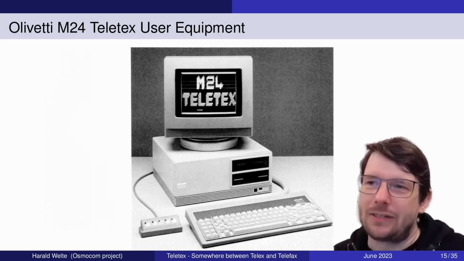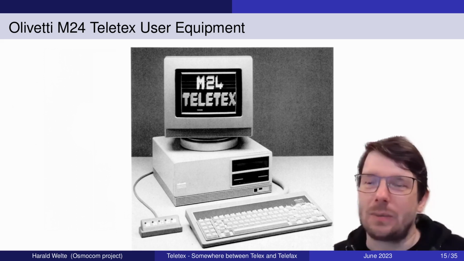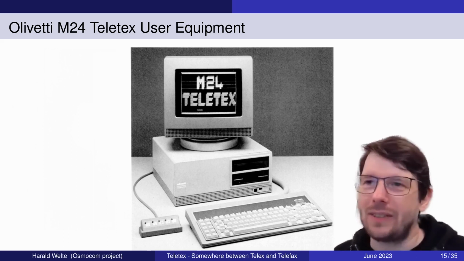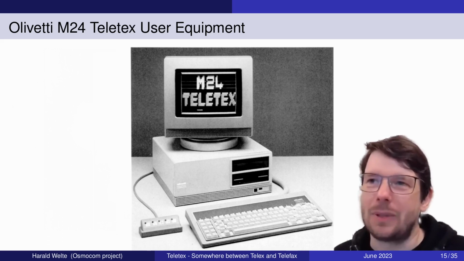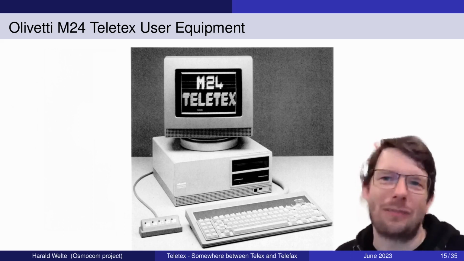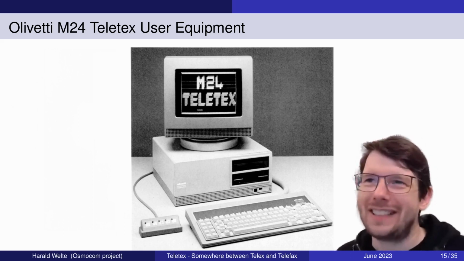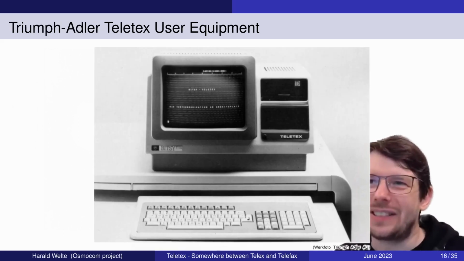A floppy drive, of course, and this is actually an incomplete picture, at least from the German point of view, because the German requirement said it must have a printer. So a pure software PC implementation without a printer would not have been able to get approval from the Deutsche Bundespost, because a printer was mandatory equipment. You could have multiple, but at least one printer is a mandatory part of a Teletex system.